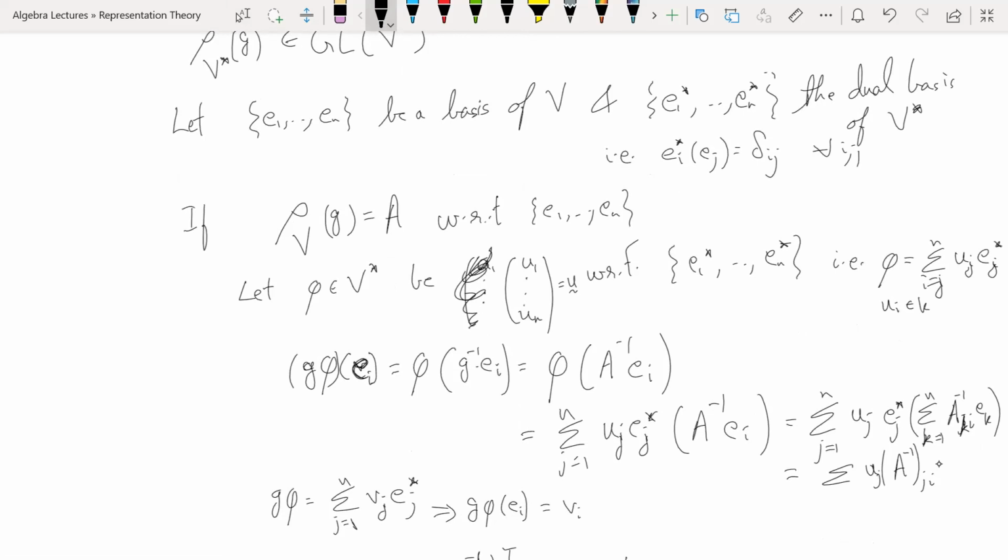G phi, of course, is some element of the dual. So you can again write it as some linear combination of Ej star, with coefficients Vj. So the Vj's are basically the coordinates of G phi with respect to E1 star to En star.